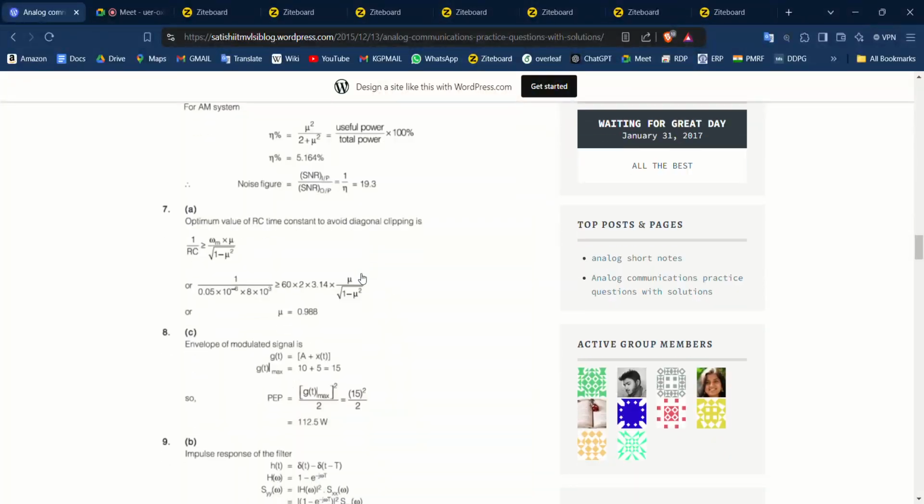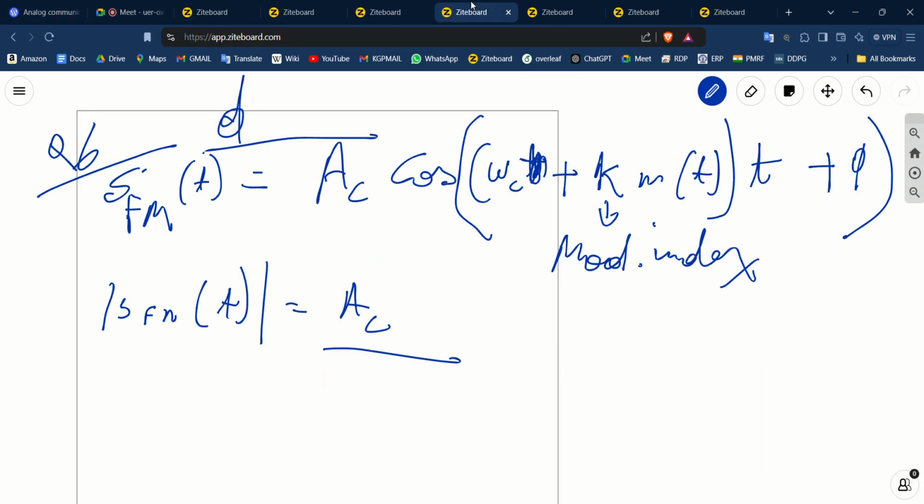So question number 7. To avoid diagonal clipping, the optimum value of time constant is given as 1 by RC greater than omega_m mu by root 1 minus mu square.